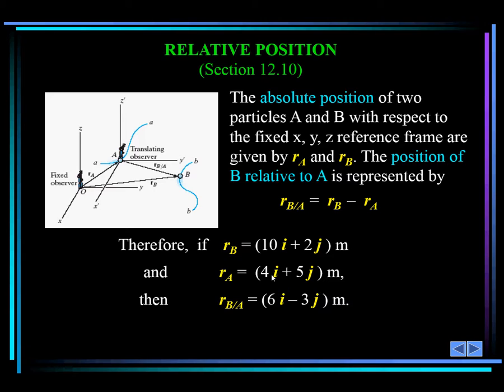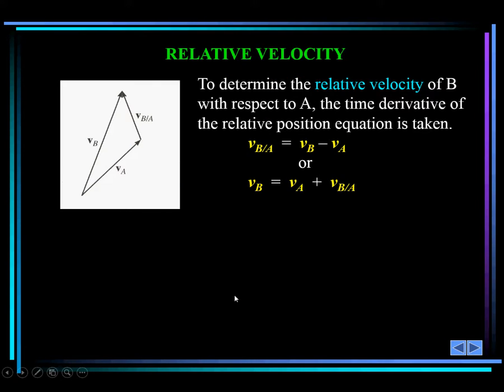When you have the components, you add or subtract in the directions, and that would be the relative velocity. This is very important in accident reconstruction. Relative velocities, because it's also important to understand that relative velocities deal with the change of direction.